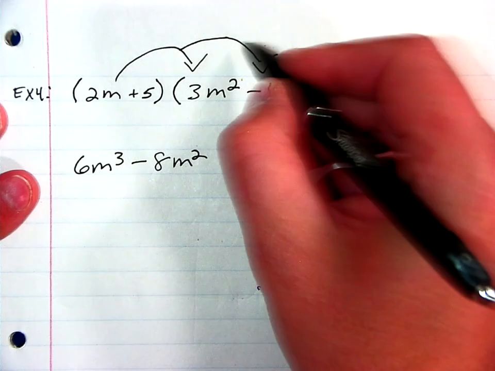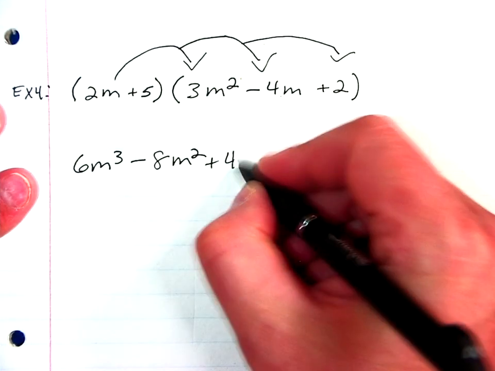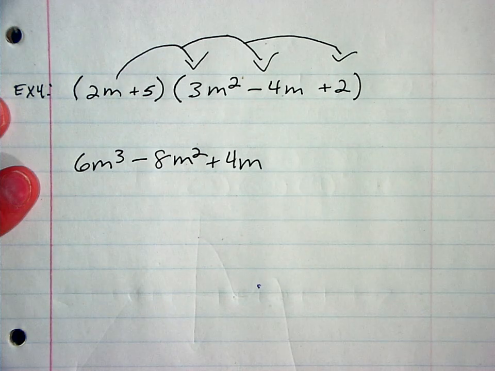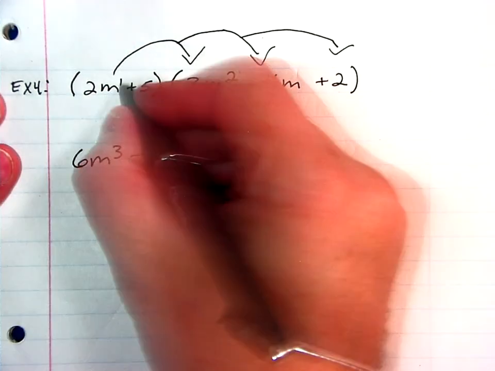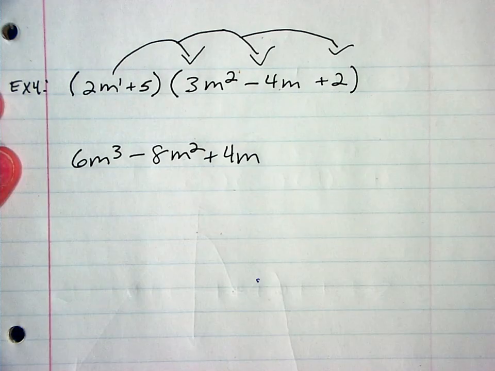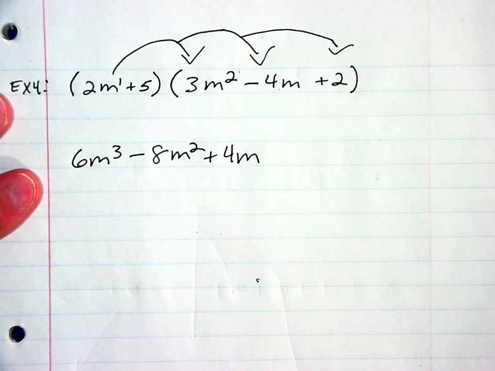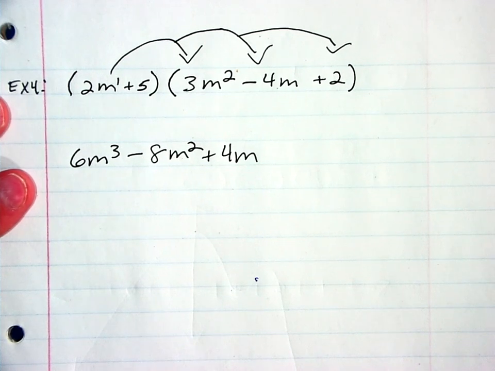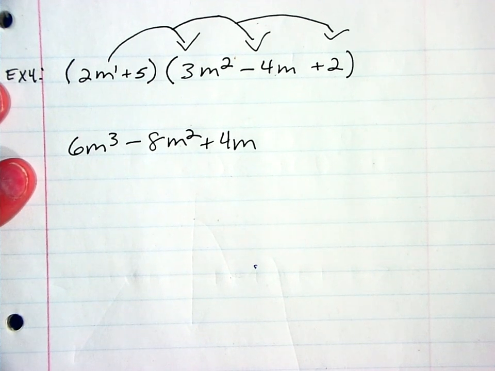And then we're going to do 2m times 2, which is 4m. So do we just put imaginary powers in there, like there's a 1 there? Yep, all m's have a power. All right, I'm going to show you something that might be easier for you. It might be more confusing. It doesn't matter which way you do it. I think it's easier, but you do you.